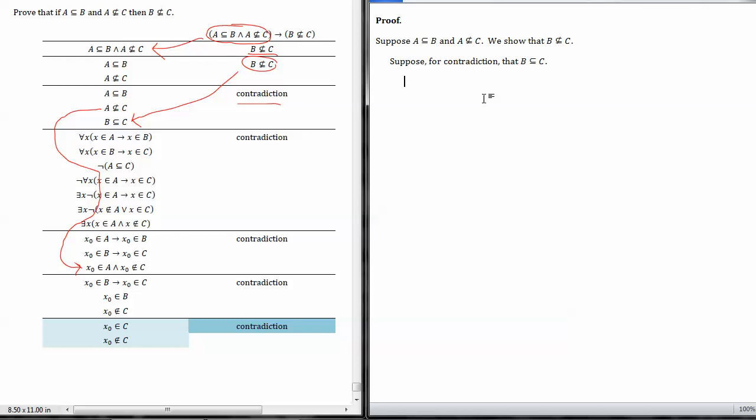So let's introduce that new variable. We'll say because A is not a subset of C, there exists some X naught such that X naught is in A and X naught not in C.